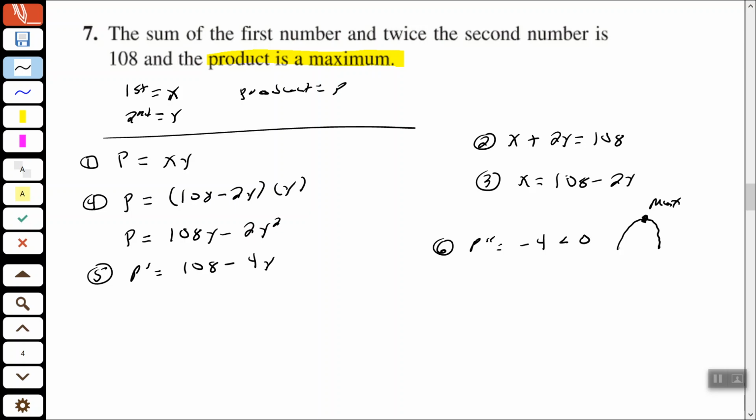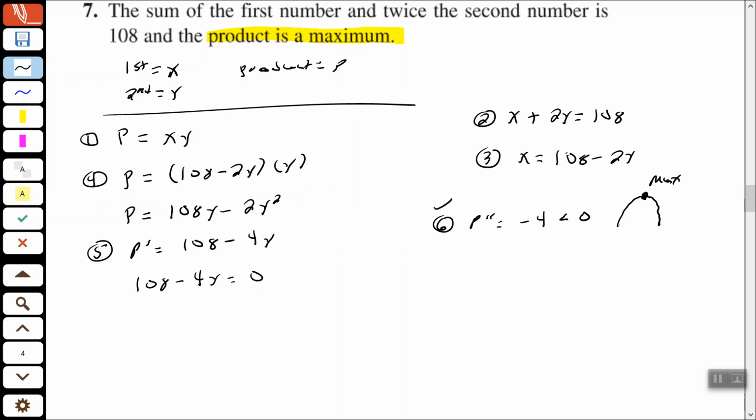All right, so let's go back over here. We got that checked out. Let's set our first derivative equal to 0 and solve for y to find the y coordinate of that point. So subtract 108, divide by -4, and that gives us 27.